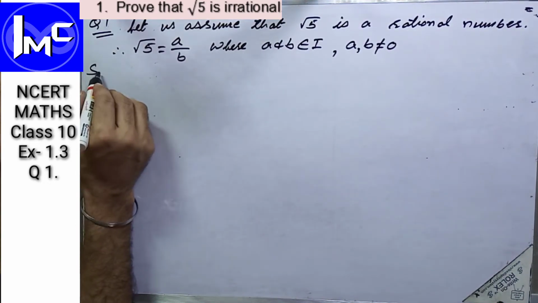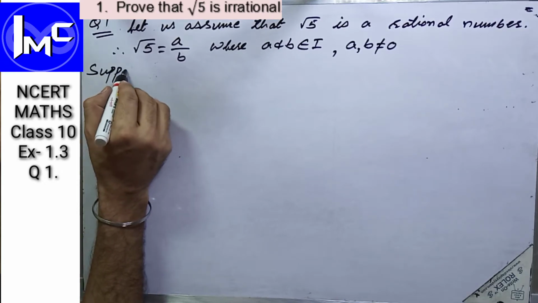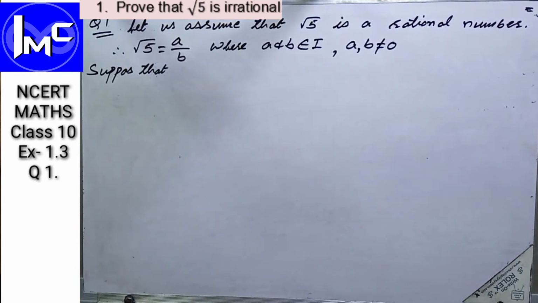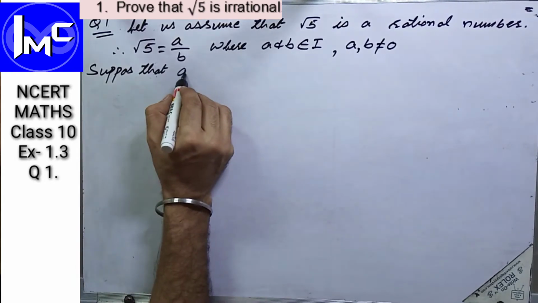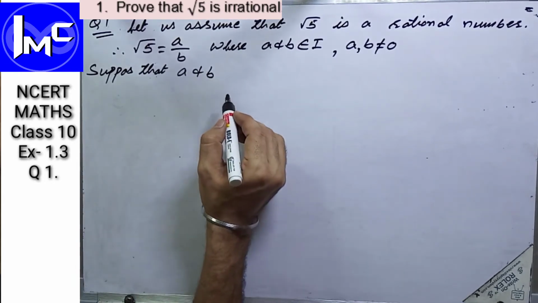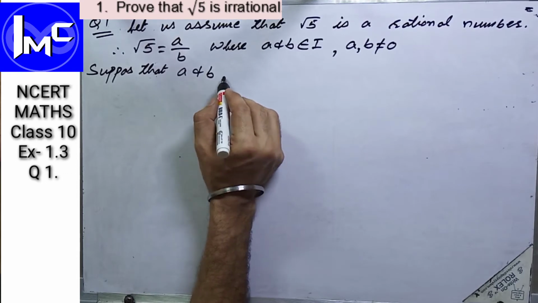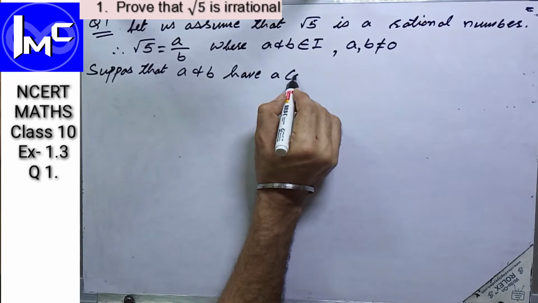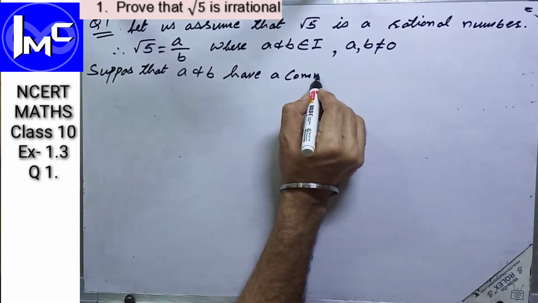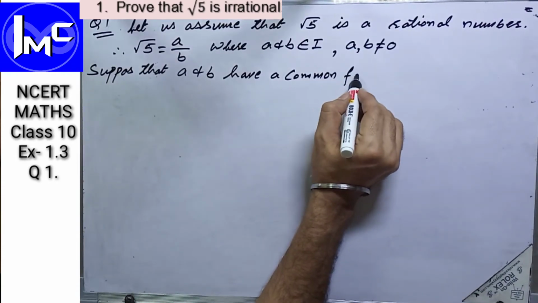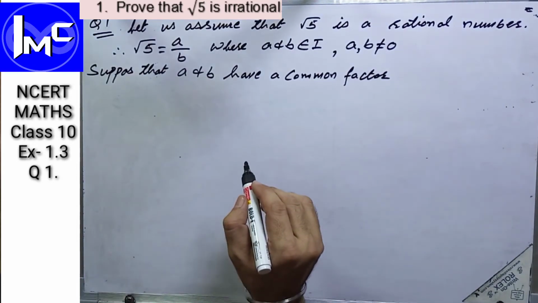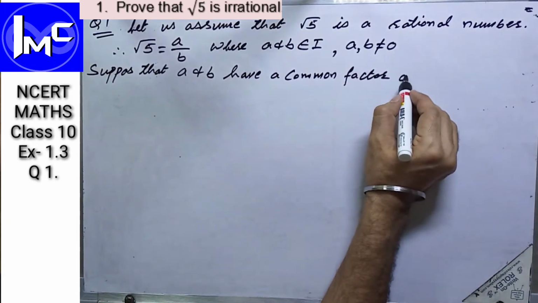Suppose that a and b have a common factor other than 1.